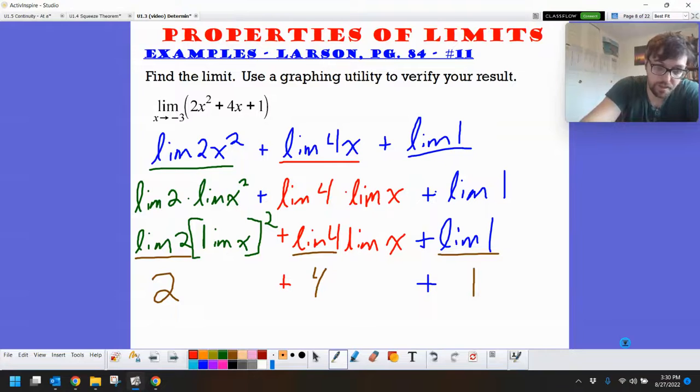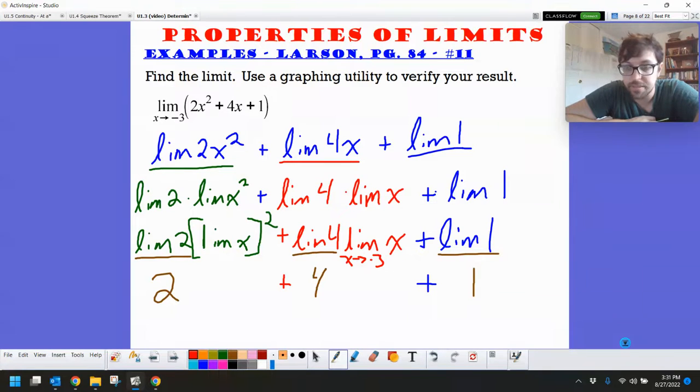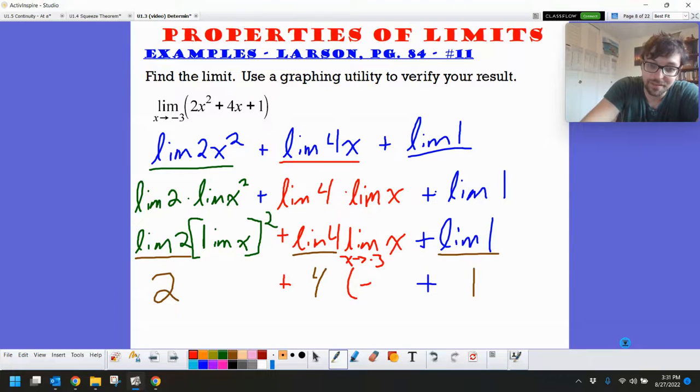All right. Now, right here, the limit as x is approaching -3 of x. What is x heading towards as x is heading towards -3? Well, it's heading towards -3. Same thing here. Limit as x approaches -3 of x.